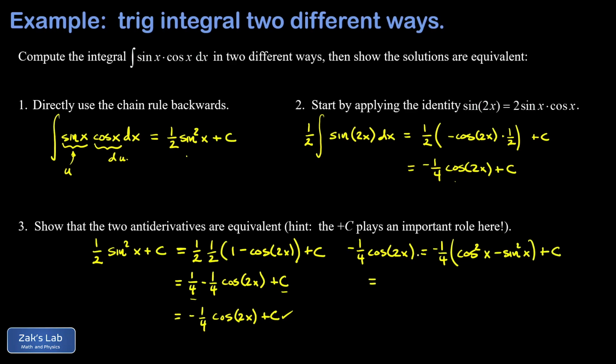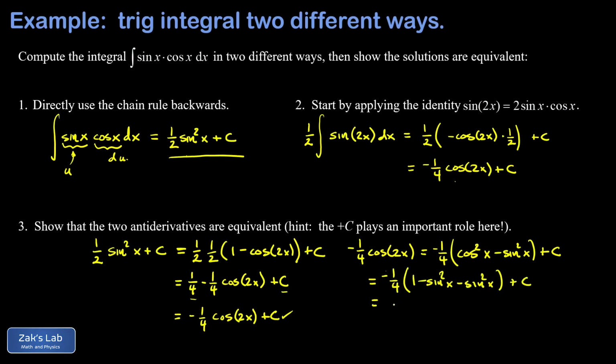So what am I going for here? I'm trying to show that this is equivalent to our first solution, 1/2 sine squared plus a constant. And that cosine squared is annoying me, so I need to use a Pythagorean identity to get rid of that. Cosine squared x is going to be 1 minus sine squared x. So this is transformed to negative 1/4 times (1 minus sine squared x, minus another sine squared x), plus an arbitrary constant.